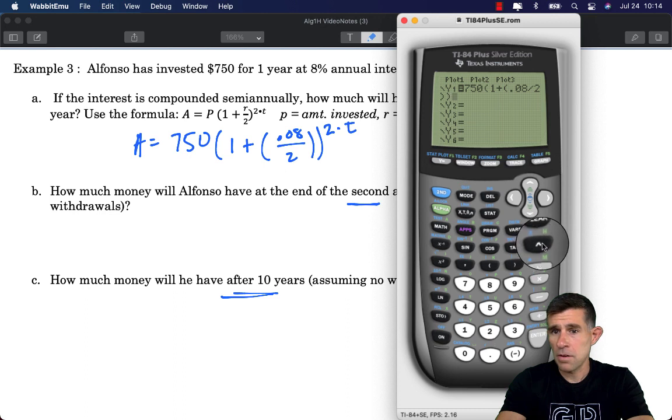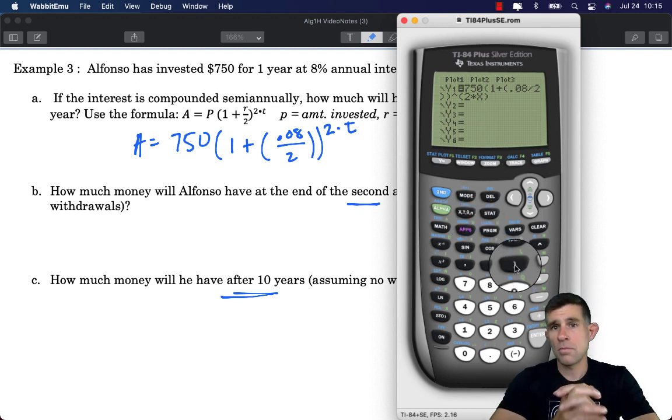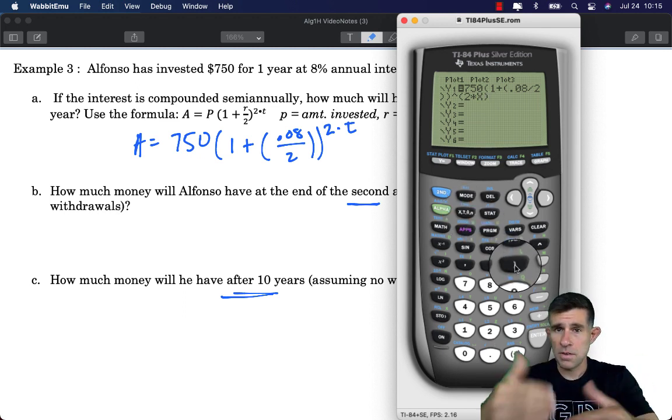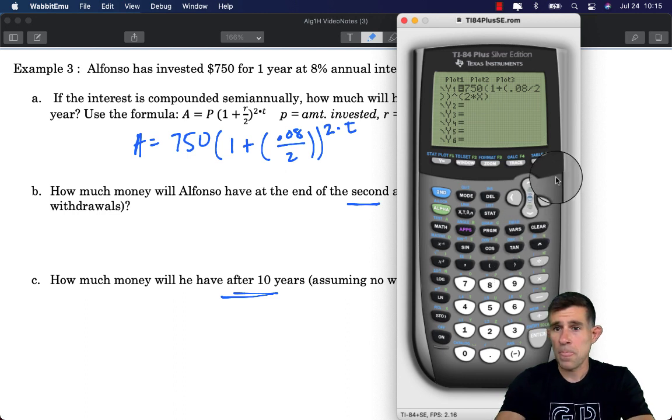The exponent here is our little up arrow key, and in parentheses one more time I'm going to place 2 times x, because x is going to be our variable which represents the number of years that this money is invested for.